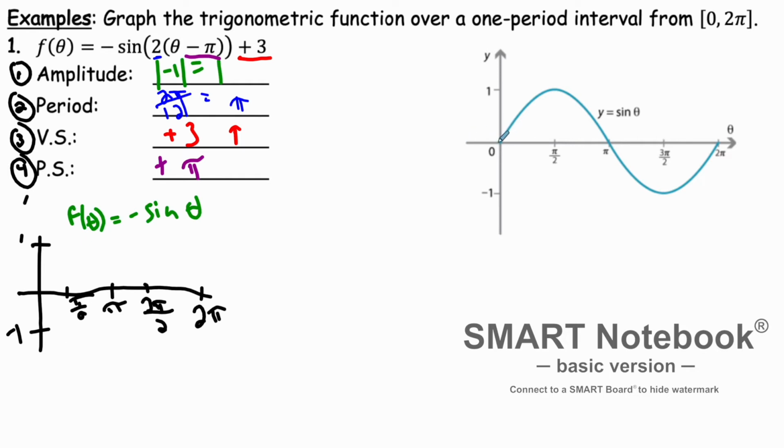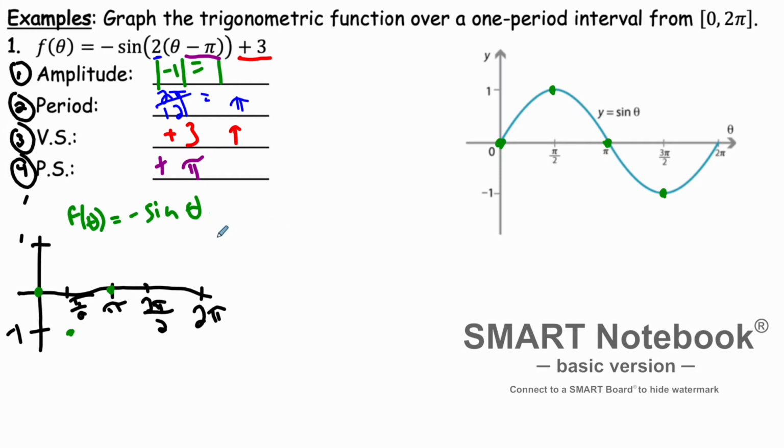I'm going to start with 0, 0. Well, 0 times anything is 0, so that's still at 0. But my next point, pi over 2, was at 1. Multiply by negative 1, and now it is down here. So pi over 2 is at negative 1. Up next, we have pi. Well, that's at 0, so multiply by negative 1, we still get 0. 3 pi over 2 is at negative 1.